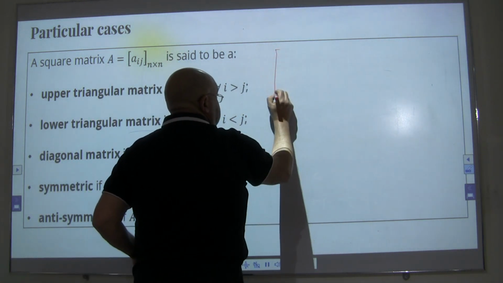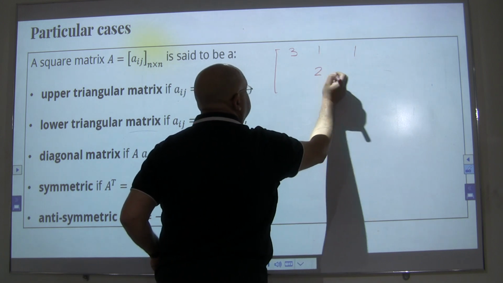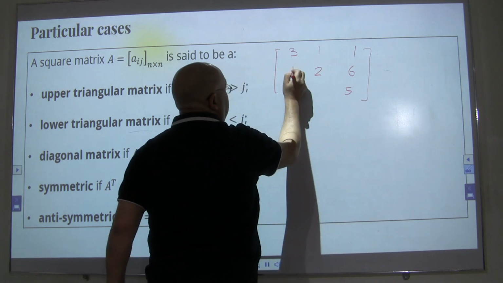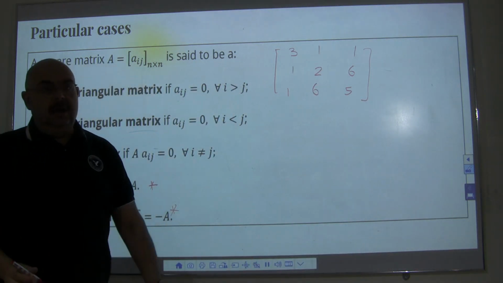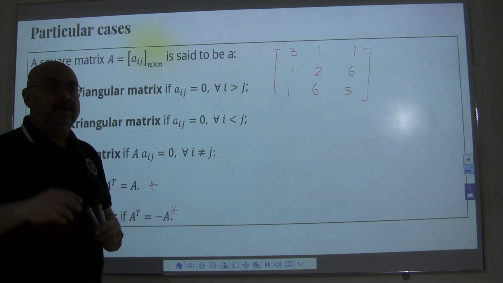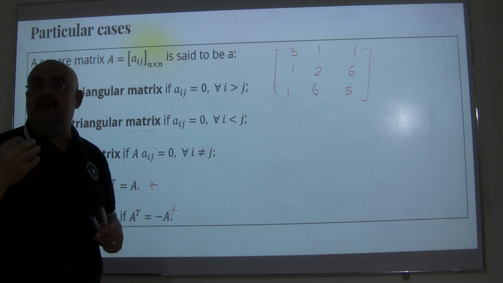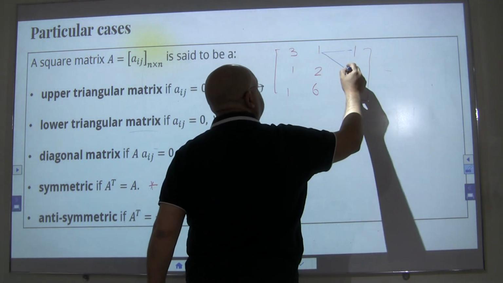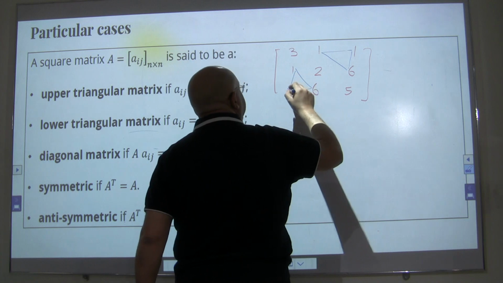So if I say 3, 1, 1, 2, 6, 5, 1, 1, and 6. Look at this matrix. If you remark, the upper triangular values are exactly the same as the lower triangular values. Look at this triangle, look at that triangle. They are exactly the same.